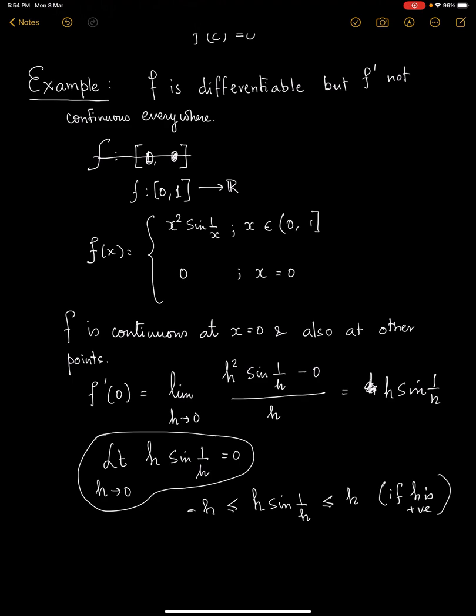Now I know the derivative at 0 is 0. So f dash 0 is 0.